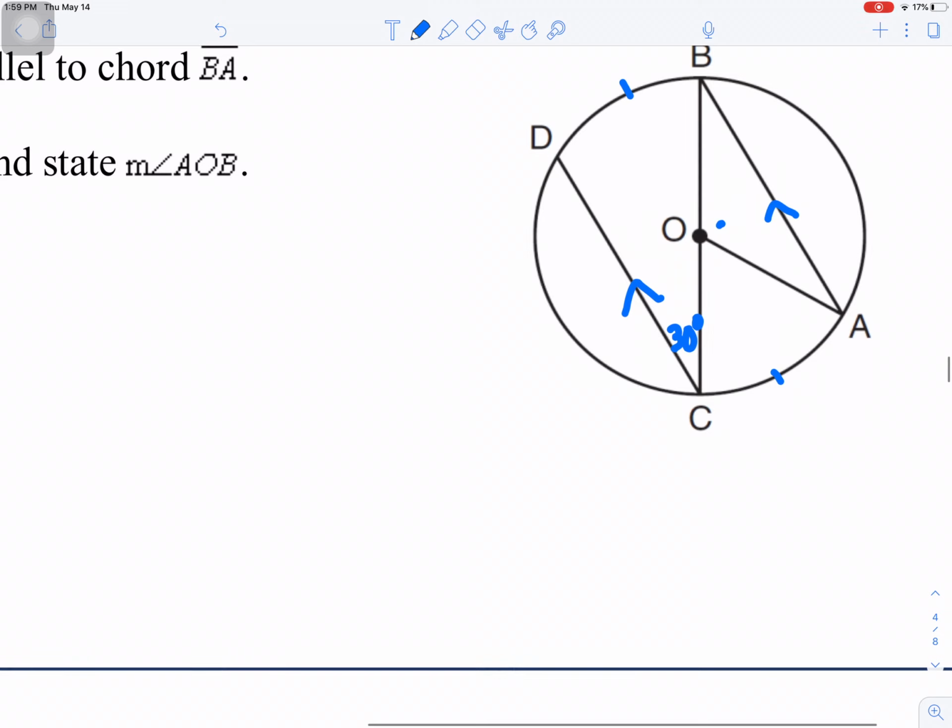If the inscribed angle is 30, the arc is not 30. Only a central angle equals its arc. The inscribed angle is half of the arc, so if the angle is 30, the arc is double, 60. Now, I have a diameter, that makes it cut into 180. If that is 60, this is 120.